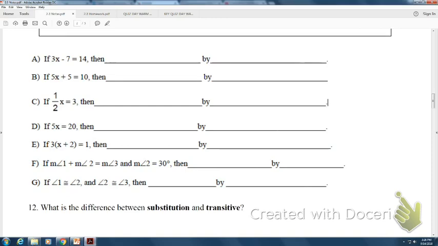If 3x minus 7 equals 14, then 3x equals 21 by APO. Very good. Letter B: if 5x plus 5 equals 10, then by ESPO. C: if 1/2 x equals 3, then x equals 6 by MPO.